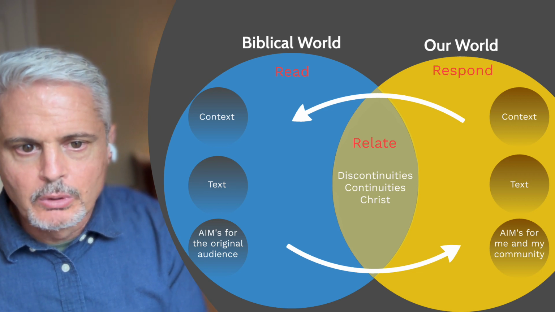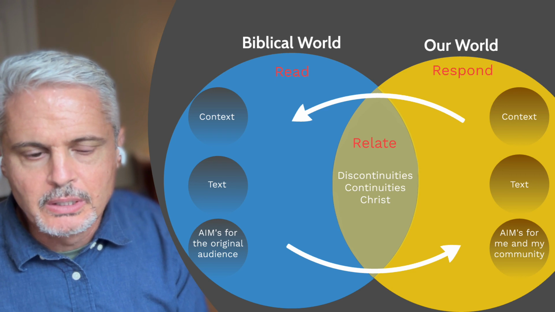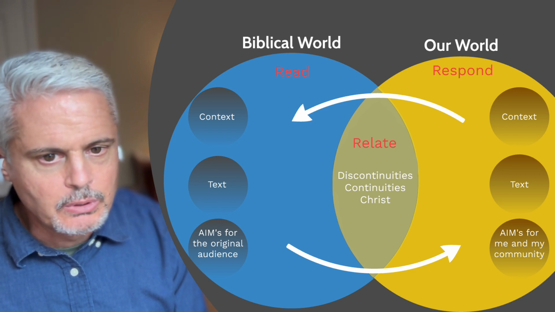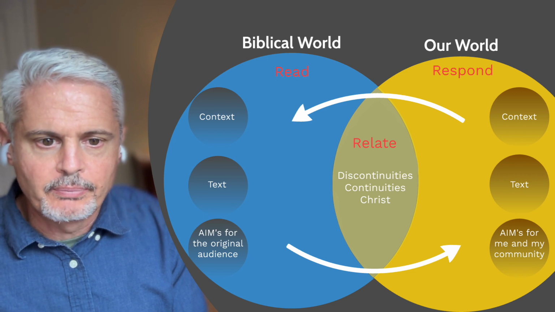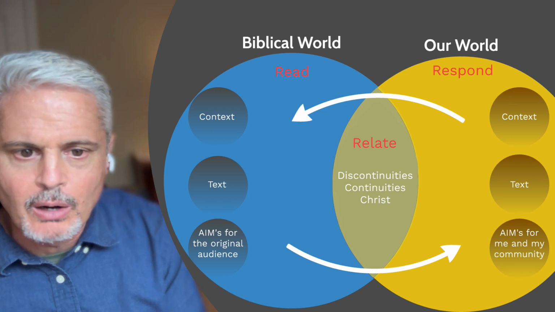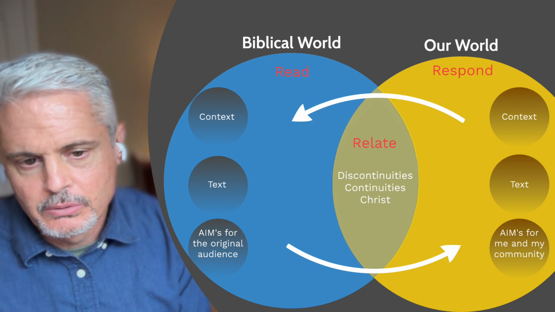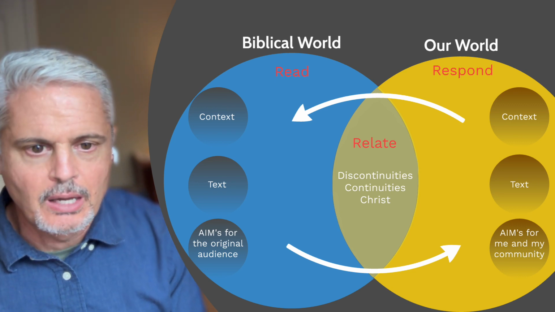As we dive into the biblical world, we're going to read the text, obviously. Read the passage, read the scripture. And when we do that, over the process of these videos we're going to walk through how to rightly read the scriptures, how to understand the context, how to read the text.